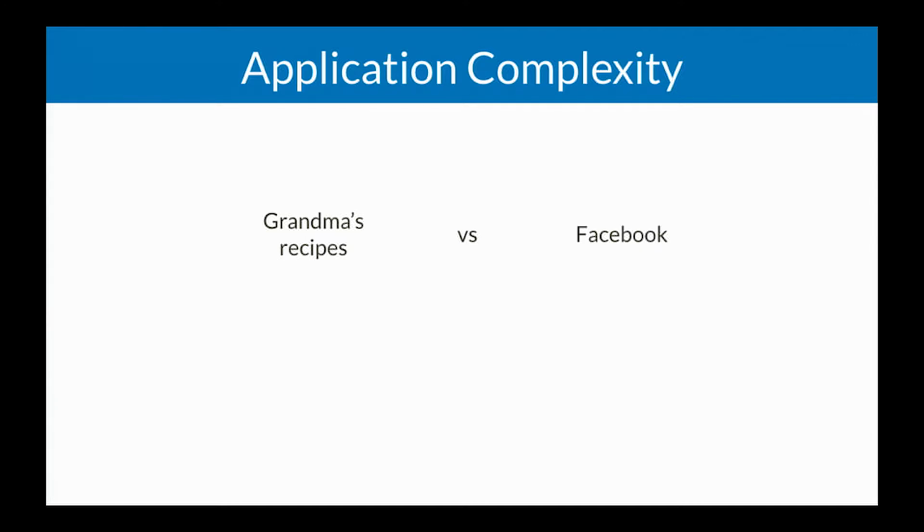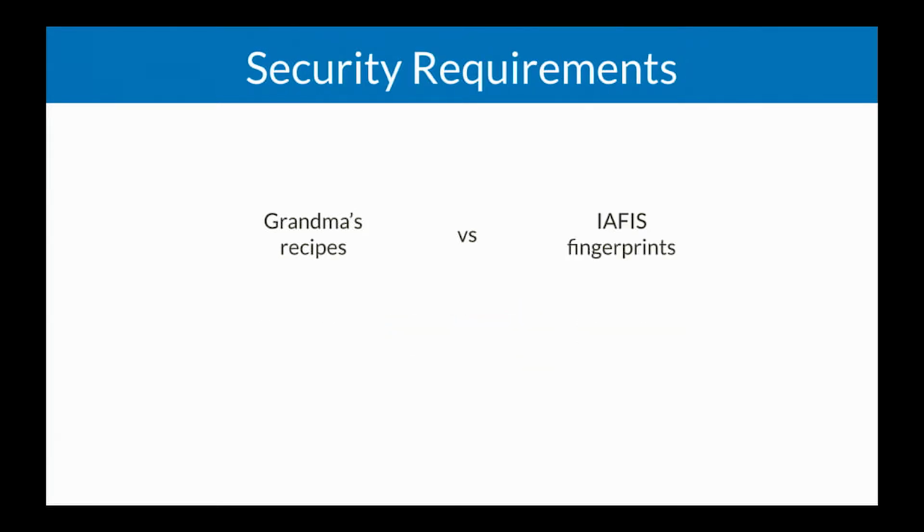So, the application complexity. The more complex the application, the more details you might have to put in there. So you might have more docs. Security requirements. If there is a high security requirement, for example, the IRS fingerprints database, that's something in the USA. That database needs a lot of security.